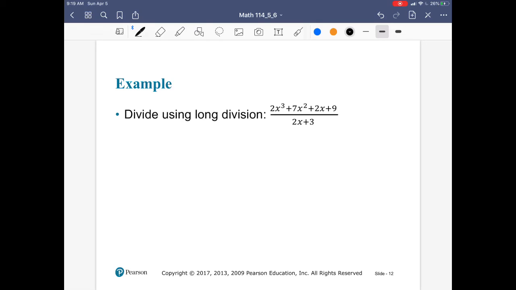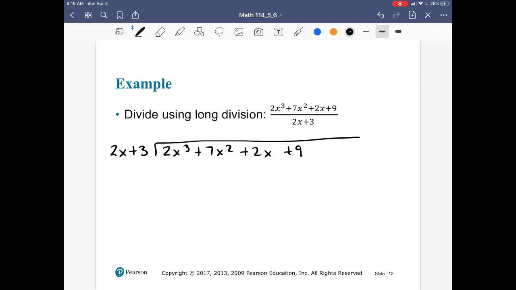So we have 2x plus 3 dividing 2x cubed plus 7x squared plus 2x plus 9. So the first terms of the dividend and the divisor must be the same. So the dividend has 2x, so I'm missing an x squared.